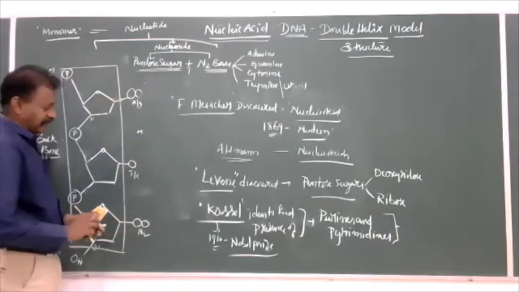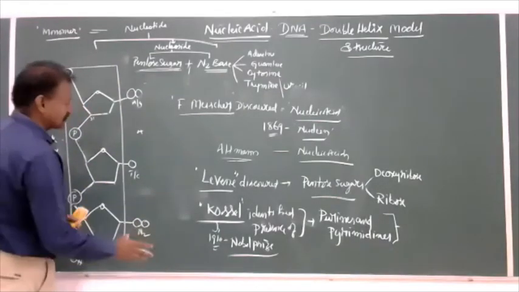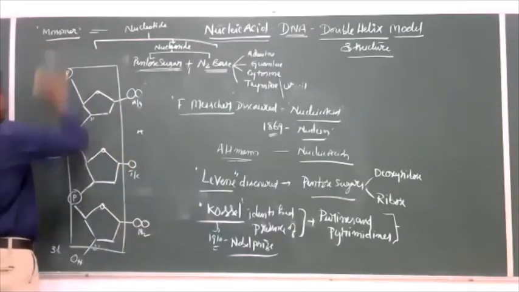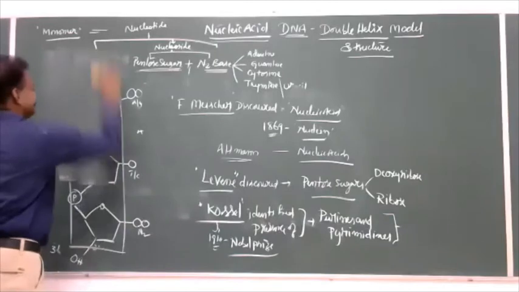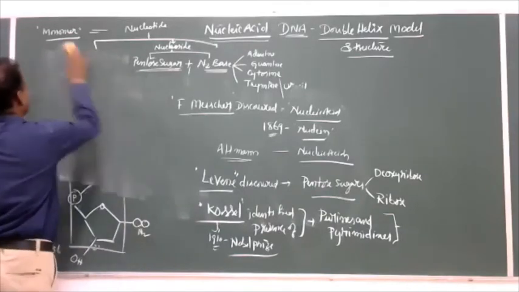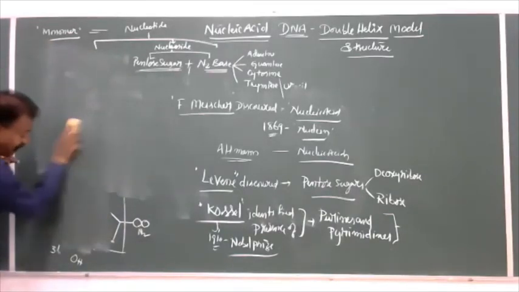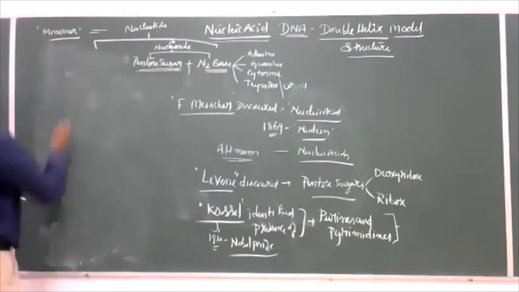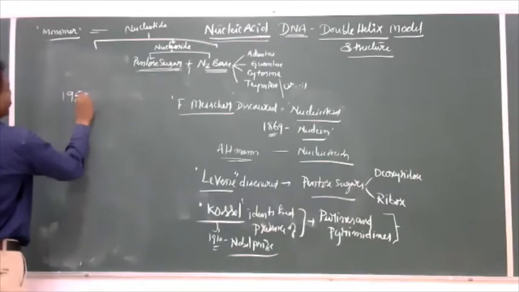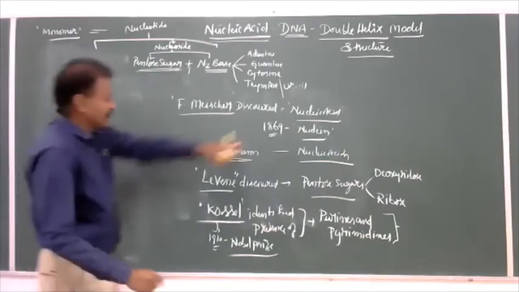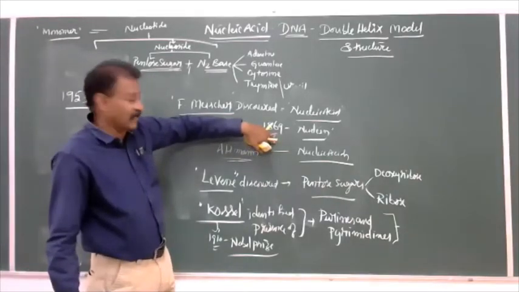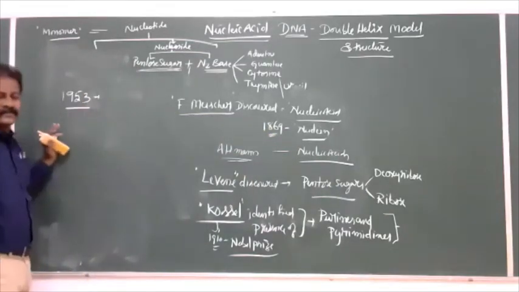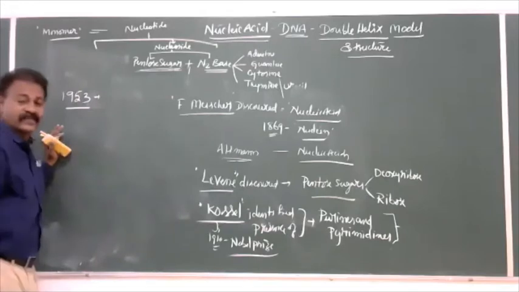After the discovery of purines, nucleic acids were thought of like this, at the time of 1953. So from the beginning of the discovery of nucleic acids, 1869, until 1953, so many various components of the nucleic acids were discovered.